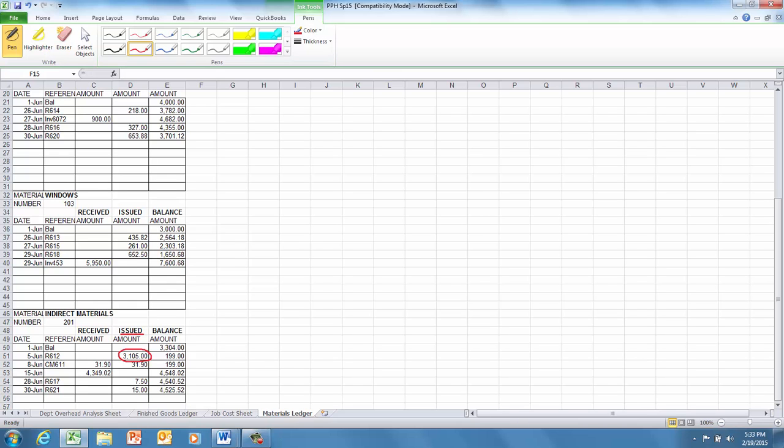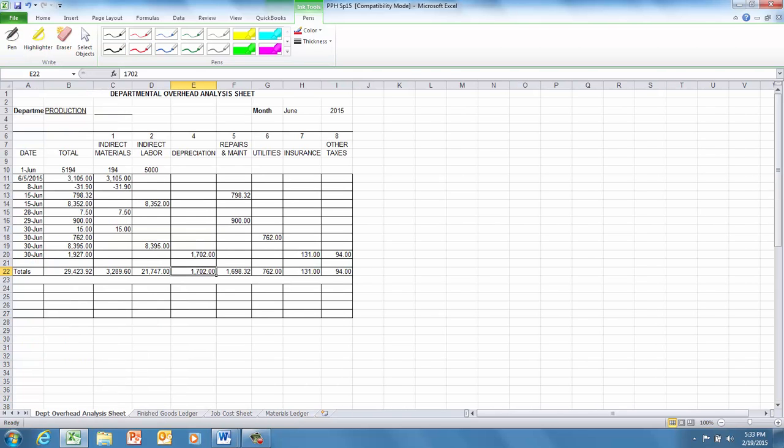Okay? Now I also need to go to the overhead analysis sheet. This is the tab way over here at the other end, and this shows the date and then also under the total you're going to have the 3105, and then every time you put a total in the total column, you also have to put that number one more time in whatever column it belongs to.